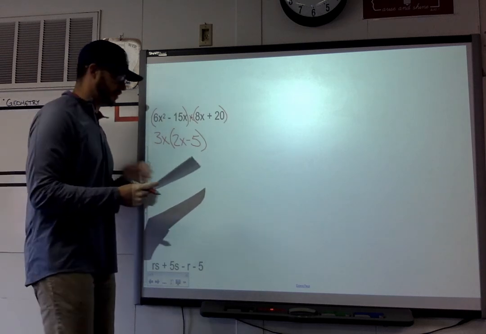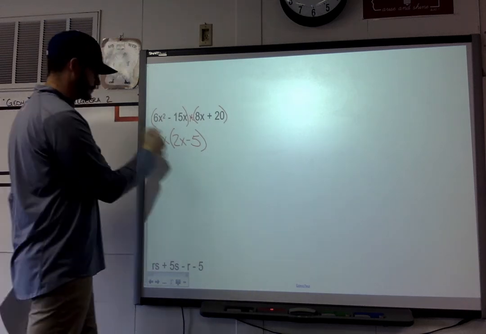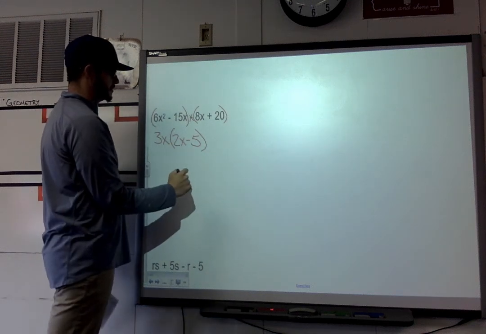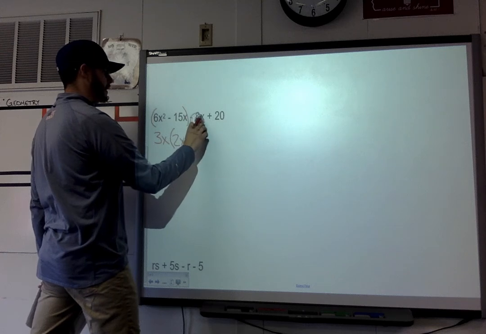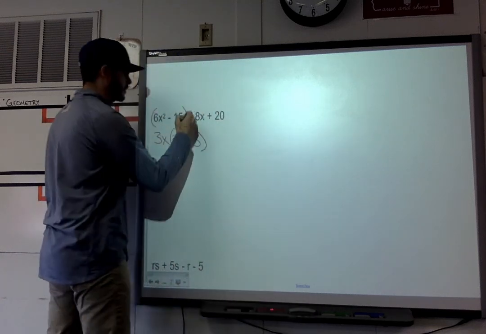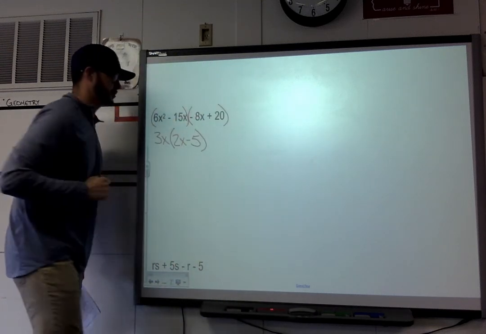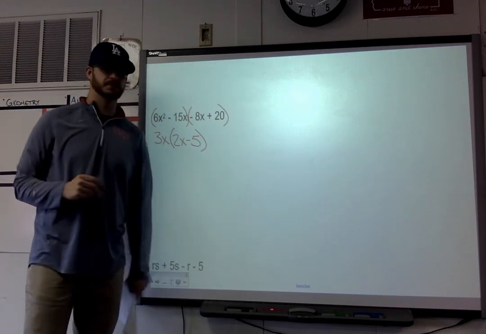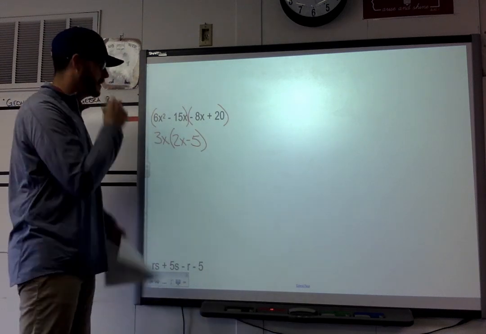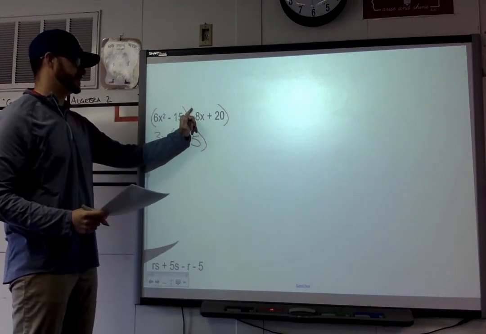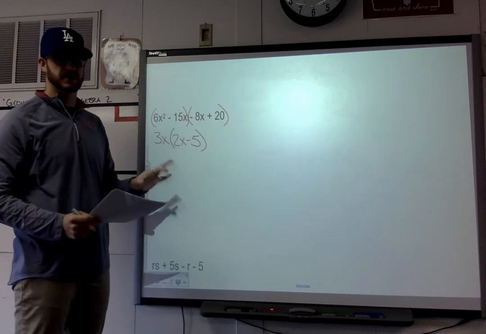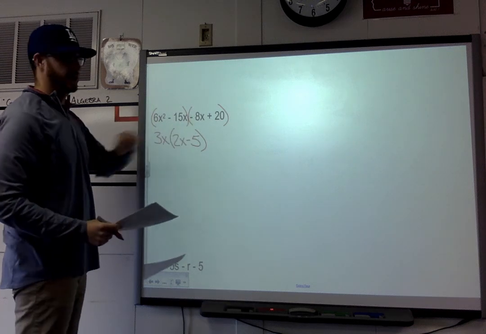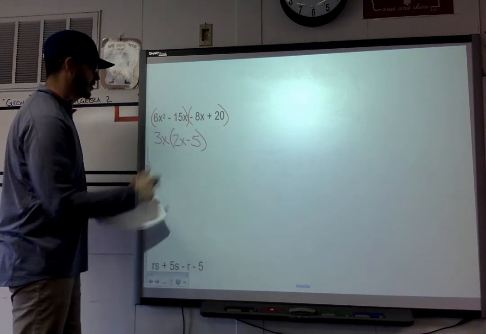Sorry, I'm going all the way back here. We want to group the negative 8x plus 20 together. So we want to put that parentheses outside the negative. Sorry, disregard what I did over the last minute or so, and we're going to start this back over.